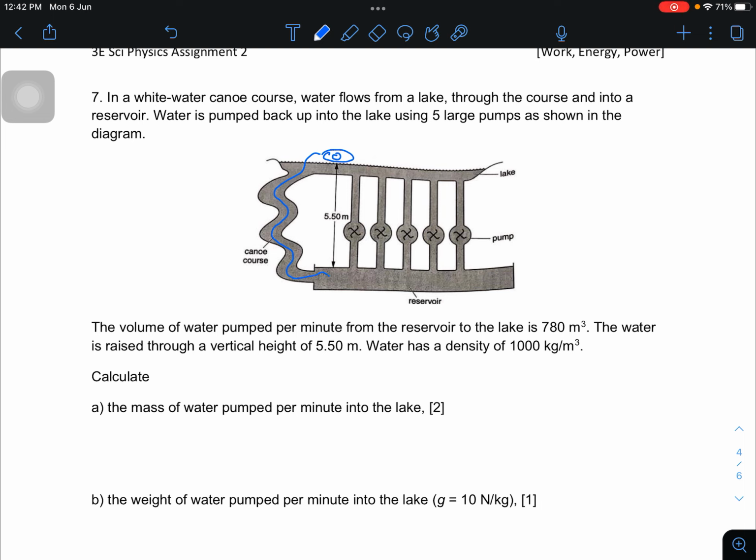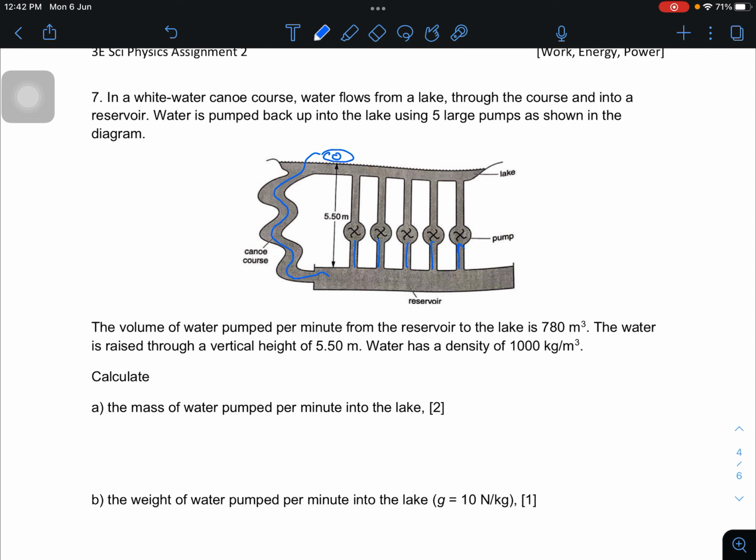But the water will eventually be pumped up using the 5 pumps from the reservoir back into the lake, or else the lake will eventually be empty. Because the lake is at a higher ground and the reservoir is at a lower ground, water will always flow downwards. So in order for the water to be sent up, there must be an external pump, so work must be done on the water. Hopefully you understand this simple diagram.